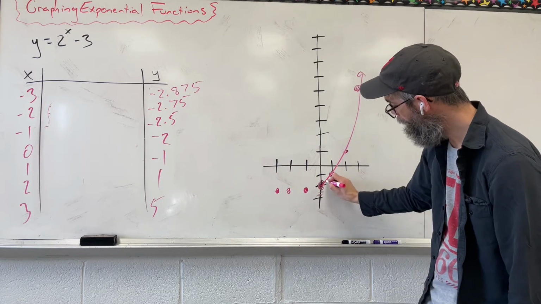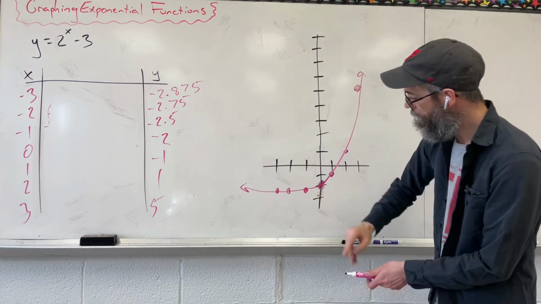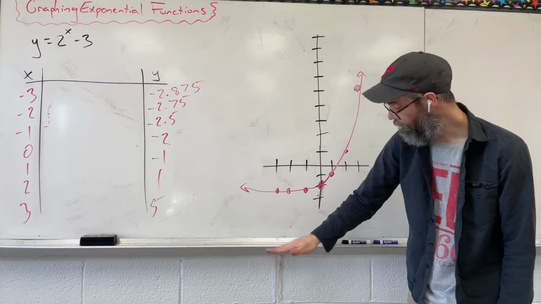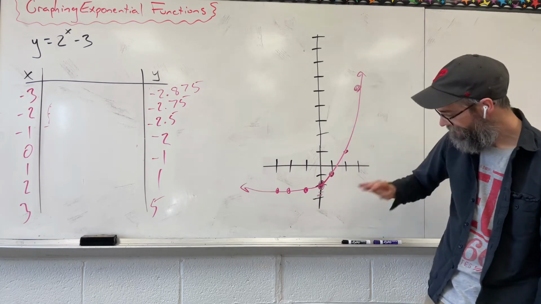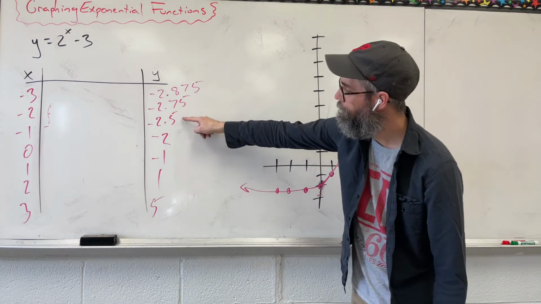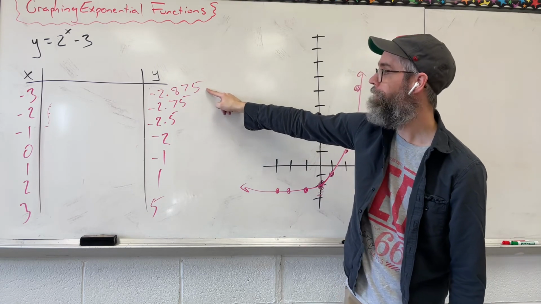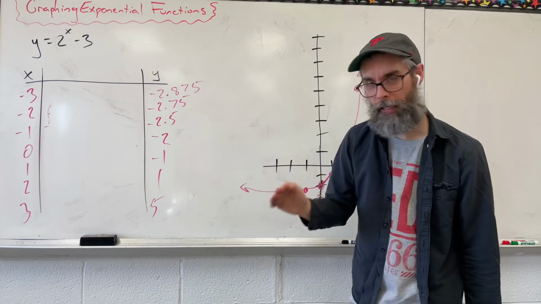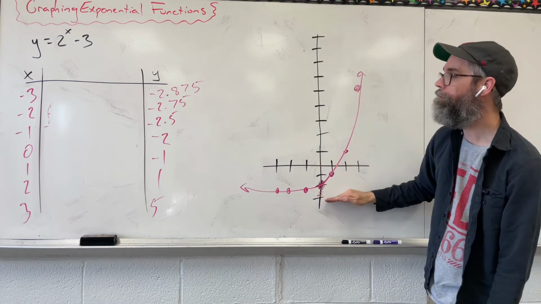But each time as we move, this graph is moving further out and it's getting closer and closer. It's getting pushed further and further down. But it's never going to hit this negative 3 spot. So these decimals, 0.5, 0.75, 0.875, it's like it's going to creep up to about negative 2.9999999, but it's never going to hit that negative 3.